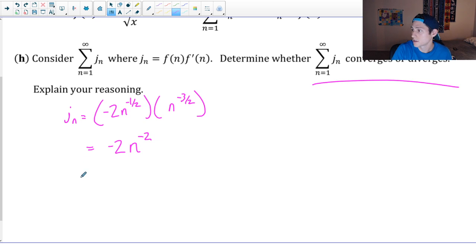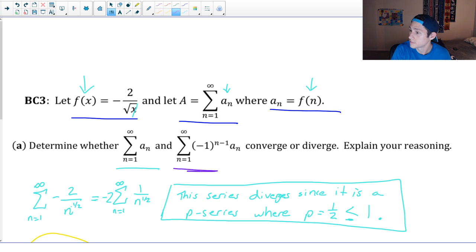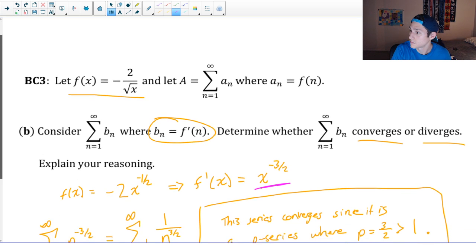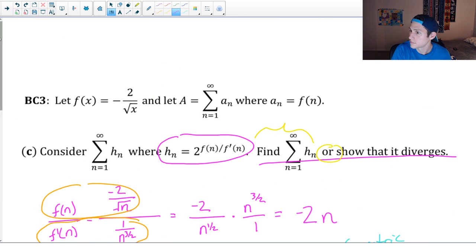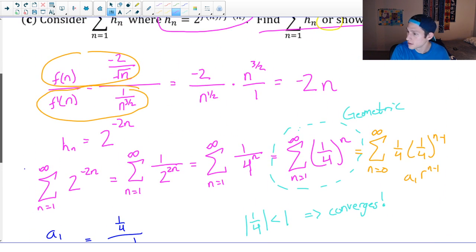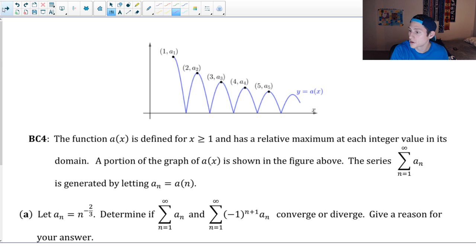All right, so determine whether this converges or diverges. Didn't we already do this one from like part A? Maybe not. We had negative 2n. Okay, it's a little bit different. All of these are just starting to run together.